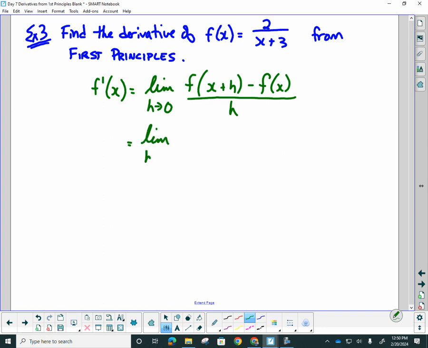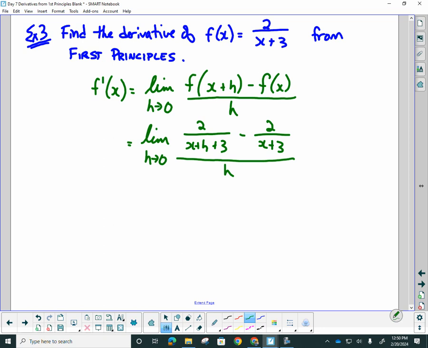So the limit as h approaches 0 of 2 over, instead of x plus 3, it's x plus h plus 3, minus just 2 over x plus 3, which looks exactly like the function, all over h. And it's going to be very tempting to forget about that divide by h because all of our work's going to be on the top and we're doing fractions, so don't forget about that divide by h.